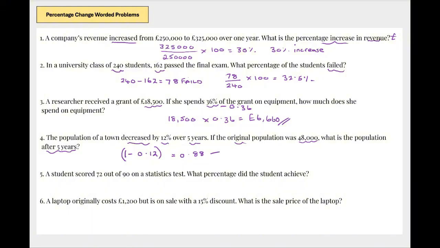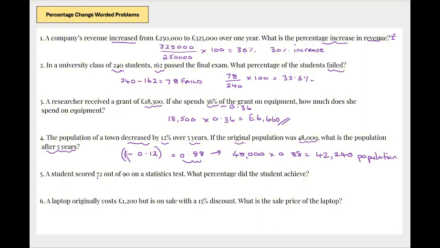Then what we're going to do is we're going to take our 48,000 and we're going to times it by our 0.88, which is going to give us 42,240 is in the population. How's that? Do you understand that? So we've converted it because it's a negative from 1. And we change that into 0.12, which gives us our 0.88.